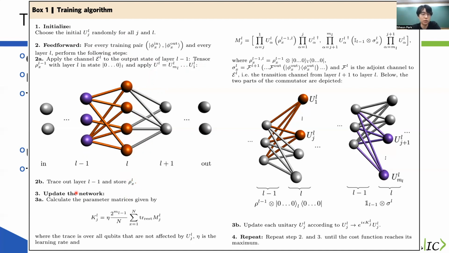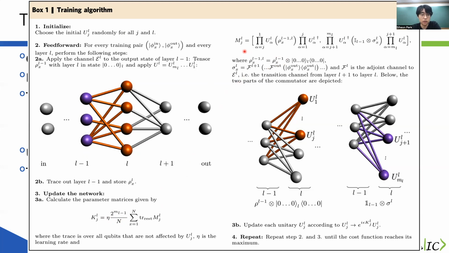And we are going to update the network using the K matrix of this form, and the M is this one. This is also from the tedious mathematical calculation that maximizes the increase in cost function. Here, gamma is the learning rate, so we can change that.